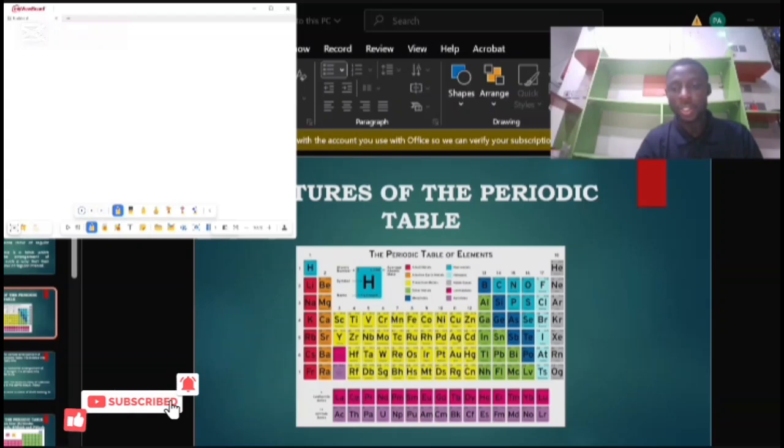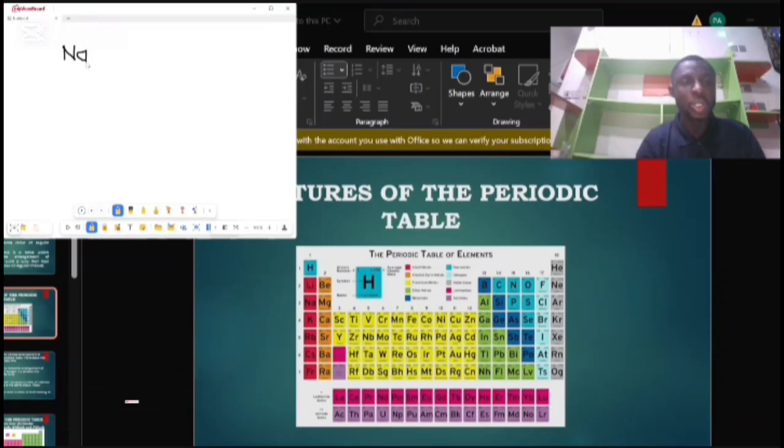For instance, let's do that for sodium. Sodium is number 11. So I want to write the electron configuration of sodium for us. For sodium, number 11, the electron configuration is 2, 8, 1.